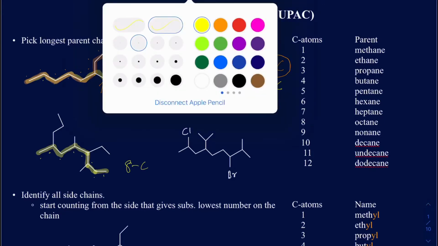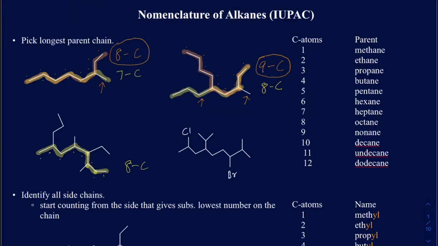Okay, what about maybe another possibility where I go from the top and come down to the bottom? So let me change the color there. So 1, 2, so go down this way. So I got 1, 2, 3, 4, 5, 6, 7, 8, 9, 10. So I get 10 carbons in this particular case. So this is the one that you actually want to go with.